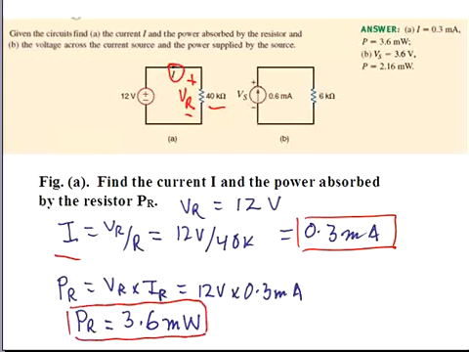You might try the other forms of the power expressions for a resistor and determine that this same value is obtained.